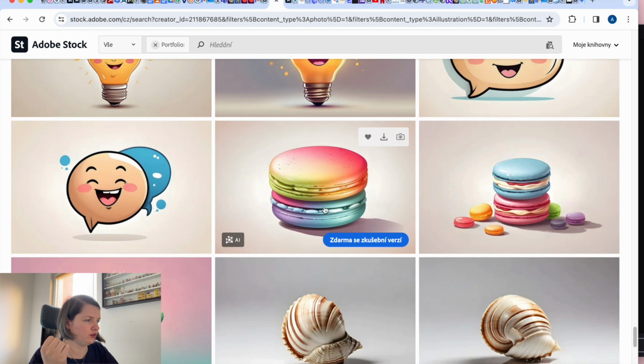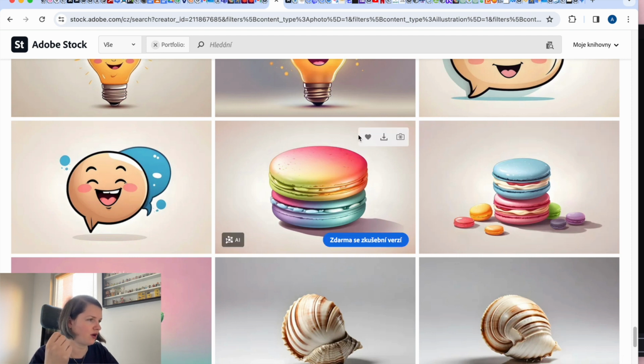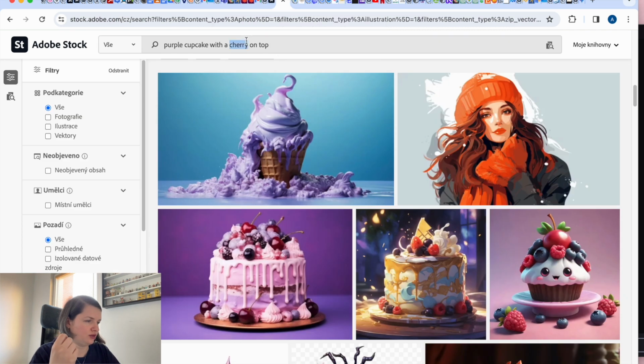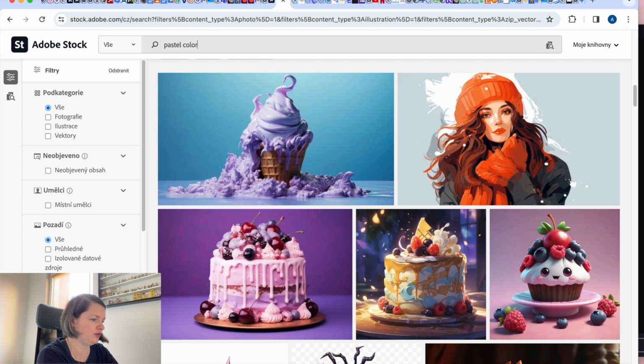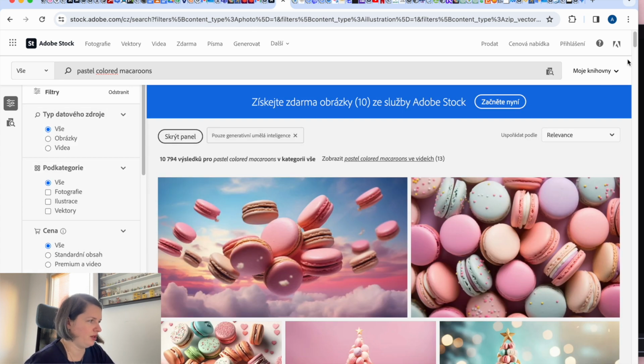The macaroon doesn't look like a macaroon. I can tell it's a macaroon, but again, I would go for a photorealistic style, and there are tons of pastel colored macaroons. You can see that there are many.